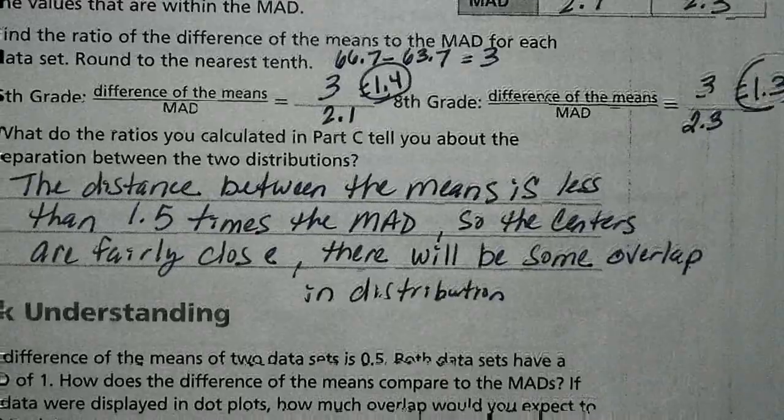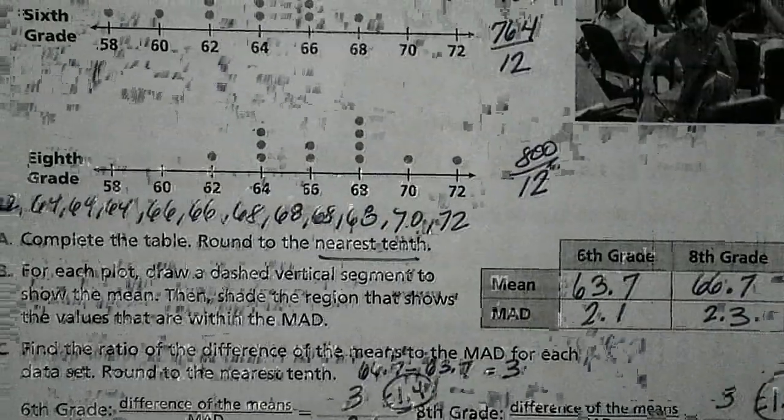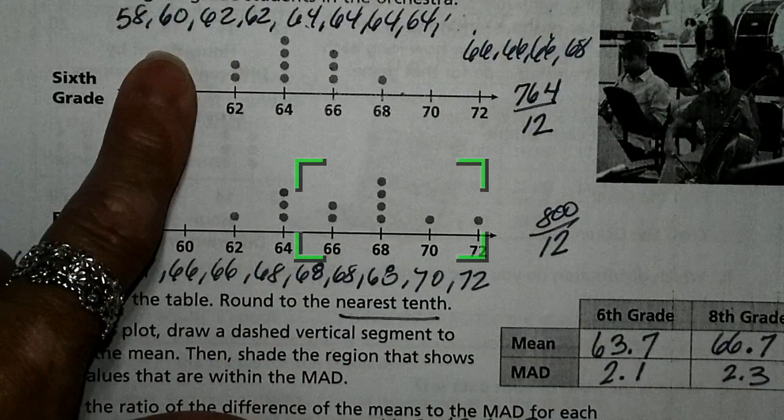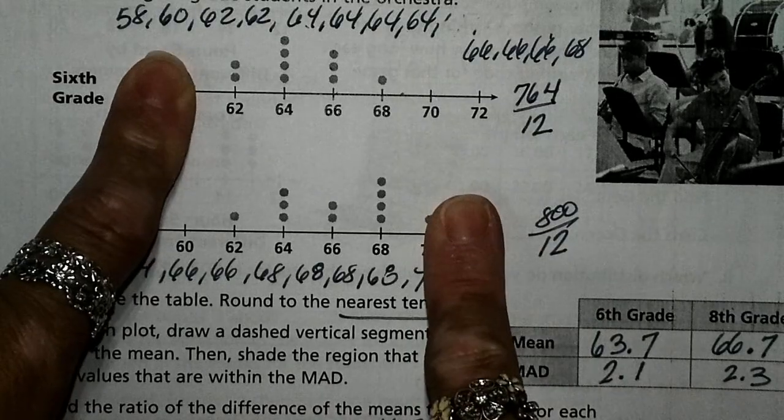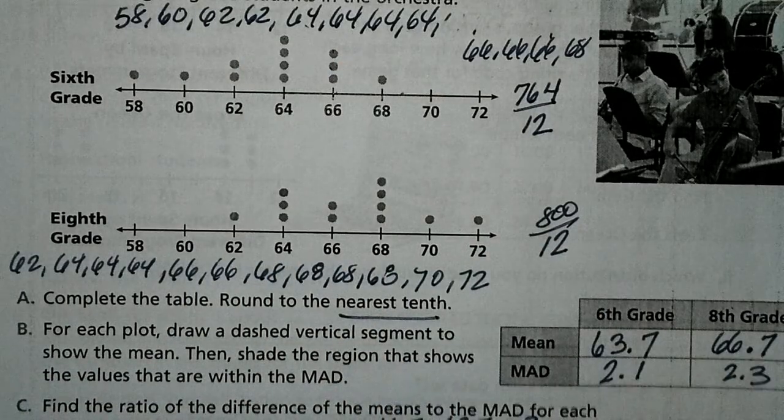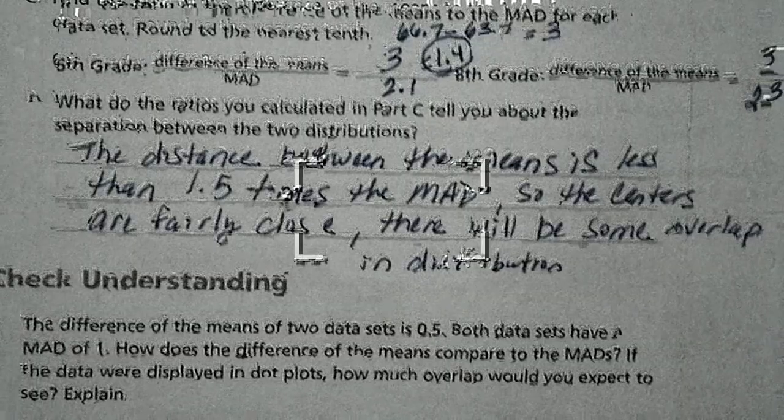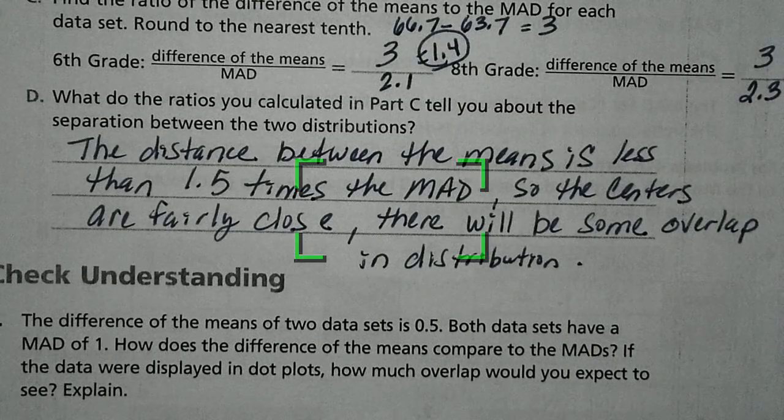And we noticed that right at the beginning. So if we went back and looked, we saw that there was some. So between that and that, there is some. So that's what that is telling us.